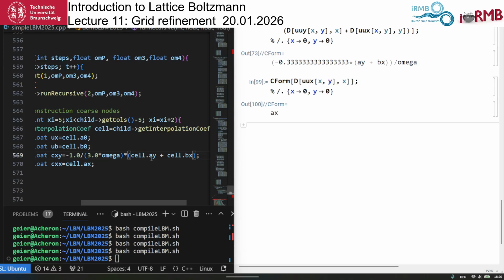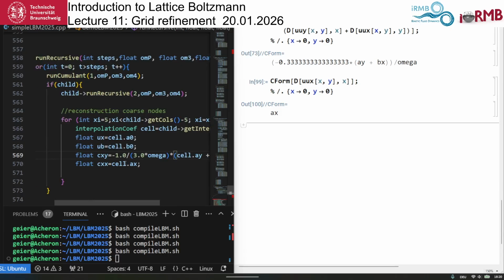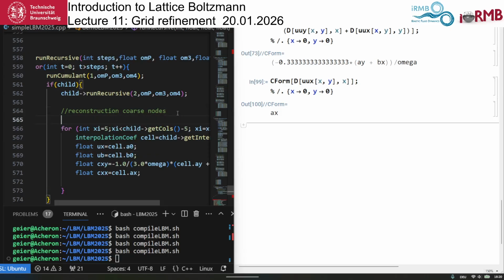Maybe I do this in a different way, because this may get confusing. I do this here, float scale up is equal to 2. Just to be sure where things are coming from.